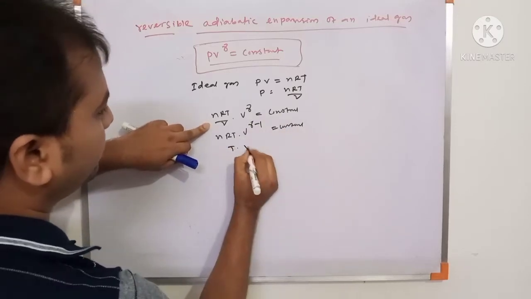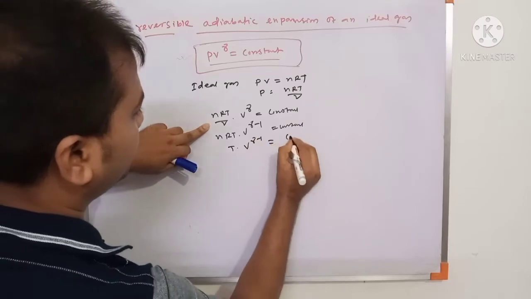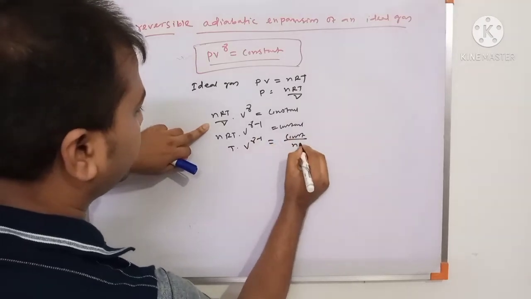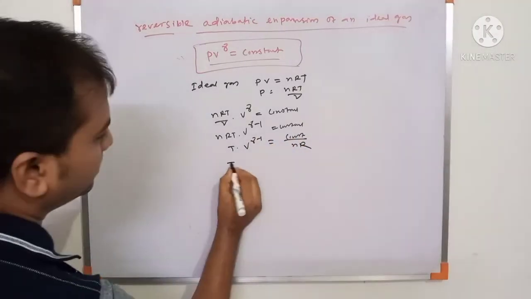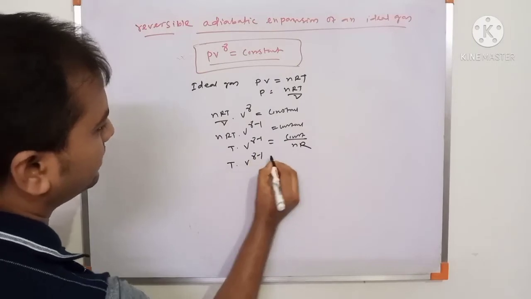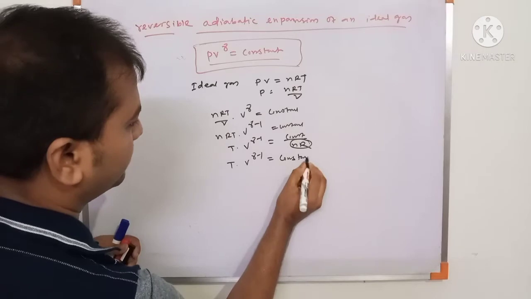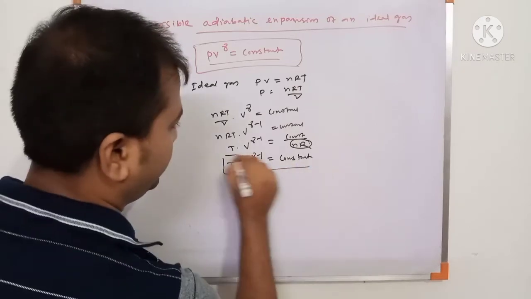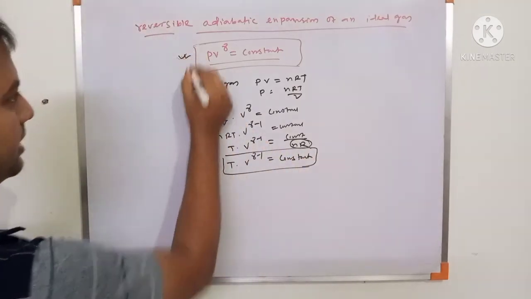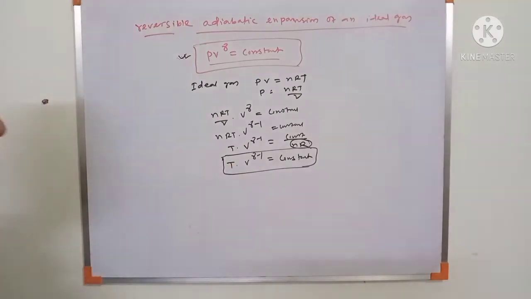So T into V to the power gamma minus 1 equal to constant by nR, and this part is also constant. So this is an overall constant value. This is the PV equation, and this is the T and V equation.